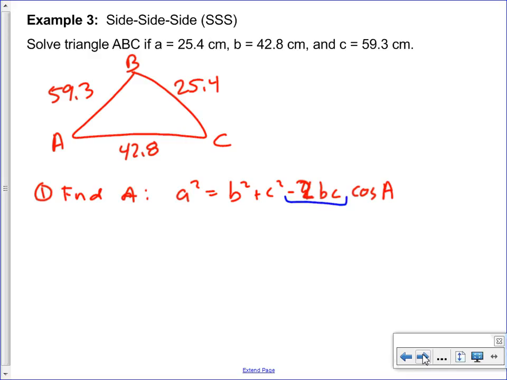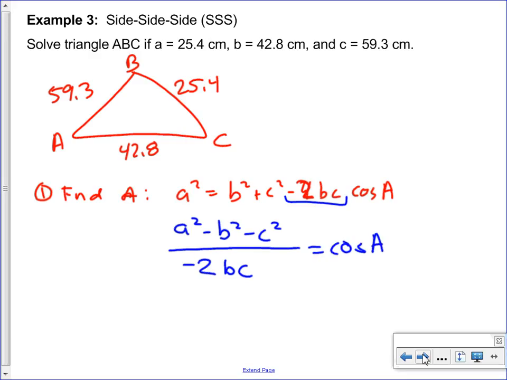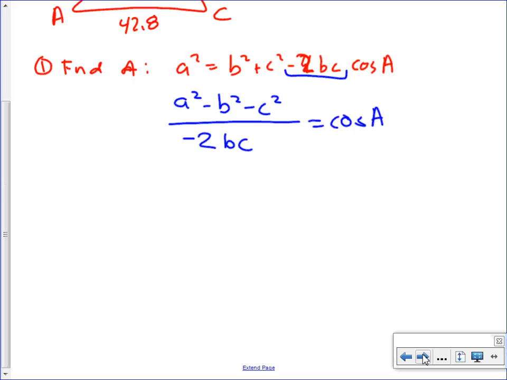Let's adjust this real quick because we have to solve for angle A. It's a squared minus b squared minus c squared divided by negative 2bc will get you cosine A. Because you have to subtract and divide all that stuff out. So, last step, to find A, you have to take the inverse cosine of all of that.